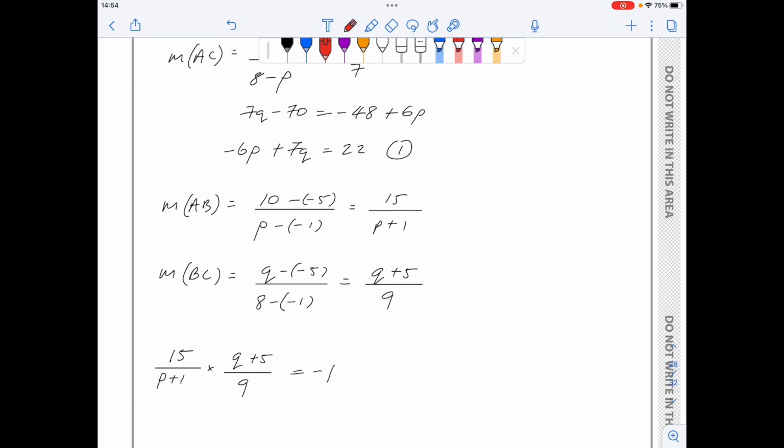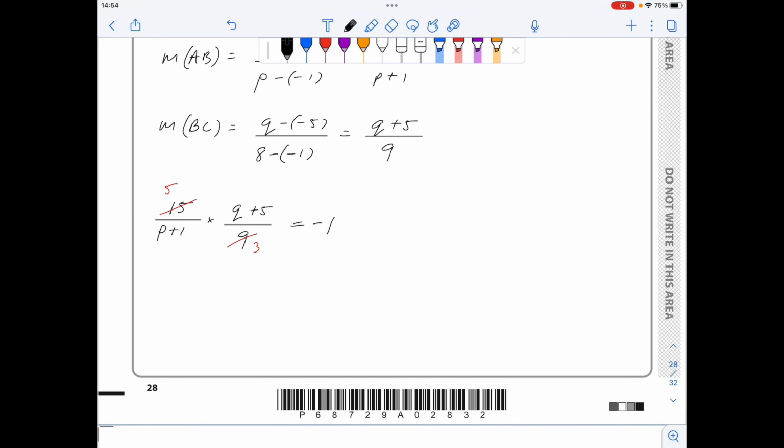Let's simplify here. Both 15 and 9 are divisible by 3. So now if I multiply the two fractions, I'll get (5Q plus 5) over (3P plus 1) equals minus 1. I'll continue on the side.